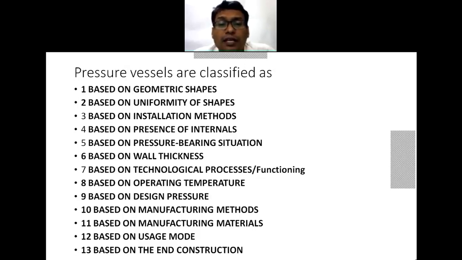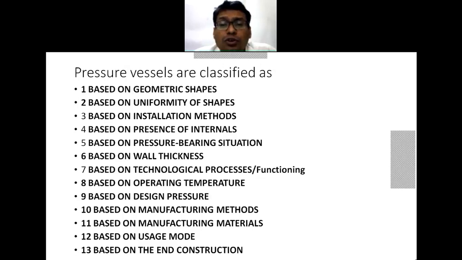Also, it can be classified based on manufacturing method, how that vessel is fabricated, that is whether it is cast, forged, or made by simple cutting and welding, bending and welding, or with a certain special method which can be applied for your high pressure vessels.